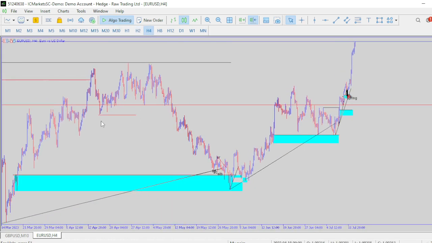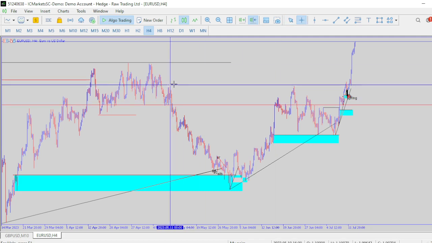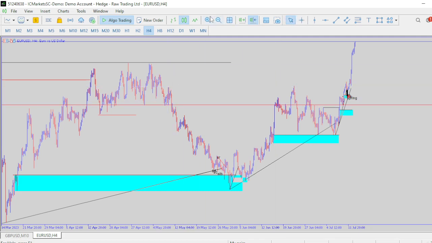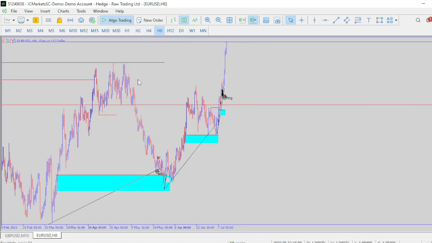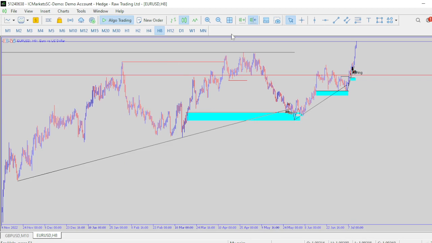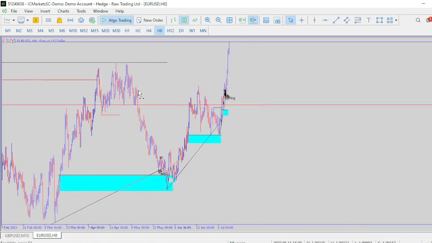You see, first things first, they thought this was a change of character, and after the price reacted on this supply zone change of character, they were selling, expecting to take the slope, but I knew that the price was reaccumulating to complete this bullish move to the upside, and there was a liquidity around this area.